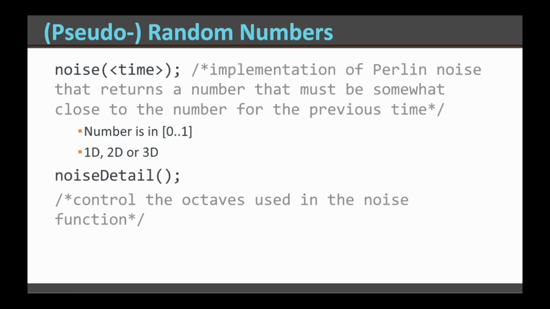You can have 10-dimensional graphics. What's the 4-dimensional exploration game? I'll have to look that up, but we'll talk about that later. And you can control the detail that you get from the noise with the noise detail function. So you can see how big and sweeping those continuous changes are with respect to time.